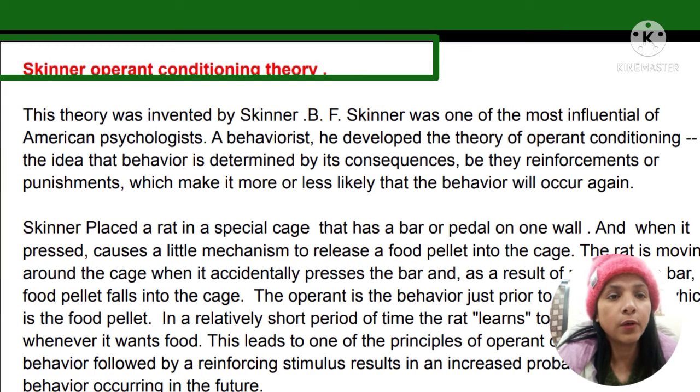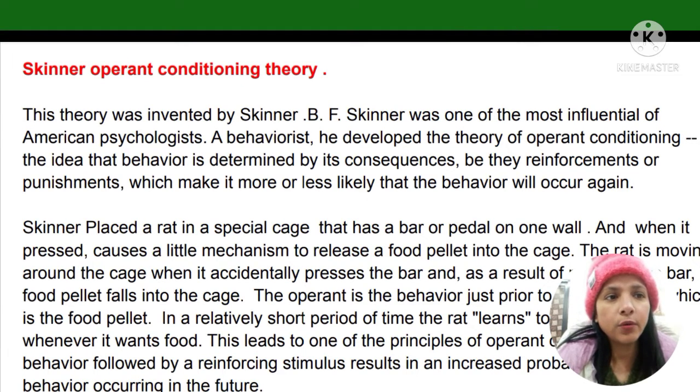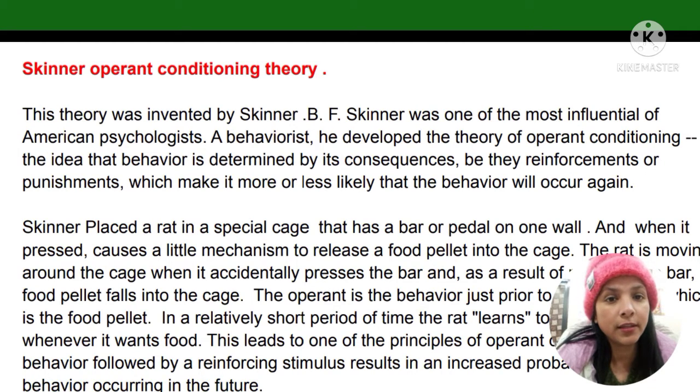He did this type of experiment on a rat as well as on a pigeon, but today in this video we are just going to see the experiment that he did on a rat. So let's see what this theory was.